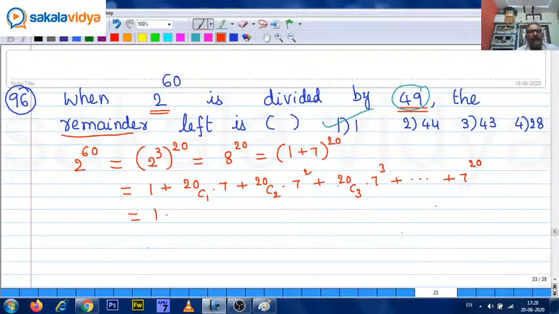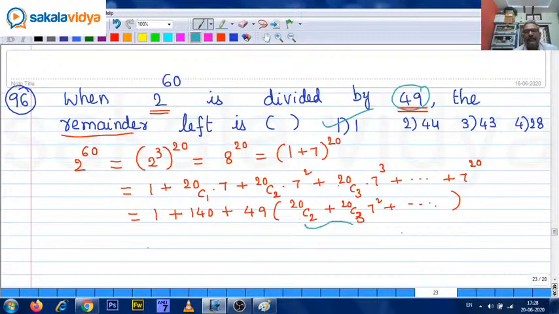Now you need to write 1 plus 20c1 is 20, which is 140, plus here you can take 49 common, you get 20c2 plus 20c3 times 7 square and so on. Let us say this bracket is equal to some k. This will be 49k plus 141, you will get it now.